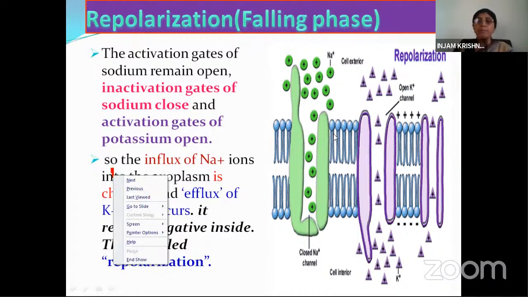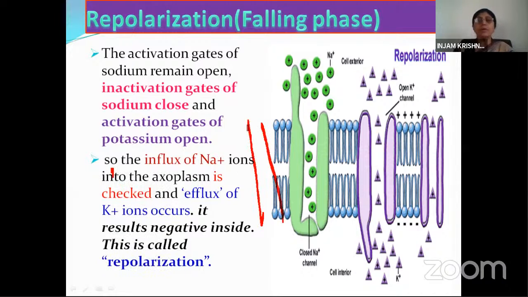Before this, the activation and inactivation channels are opened and sodium influx is going on. So positivity is increased, negativity is collapsed. It has reached minus 55 and more than that, up to plus 30, maybe plus 45 at the peak point. At that time, this gate closes the sodium channel and opens the potassium channel.